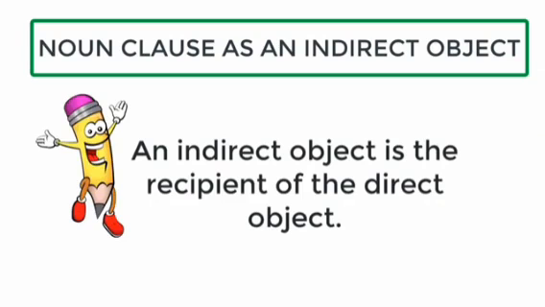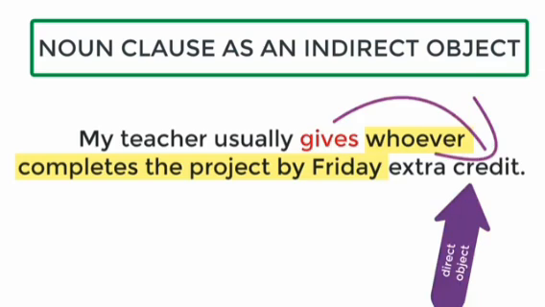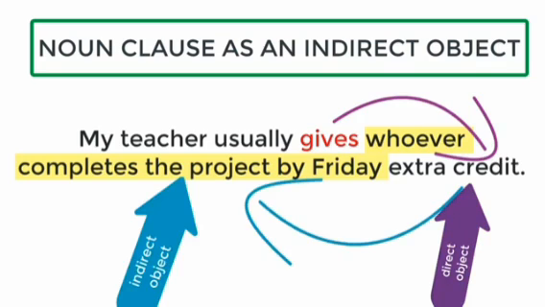An indirect object is the recipient of the direct object. So now, noun clause as indirect object. Let's see. My teacher usually gives whoever completes the project by Friday extra credit. So if we see here, whoever completes the project by Friday is the indirect object, and the direct object there is extra credit.